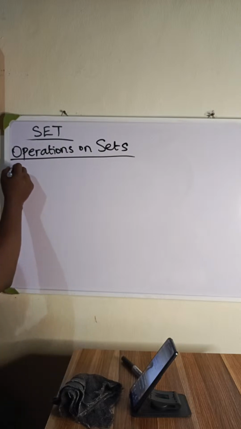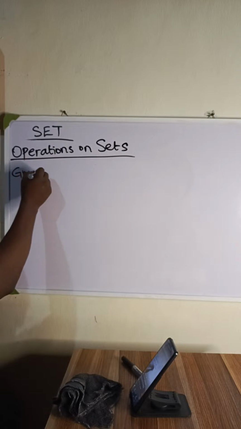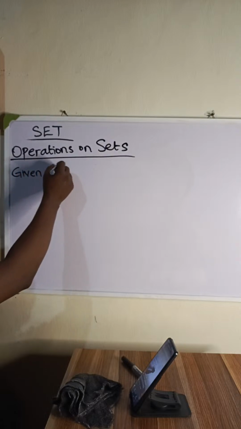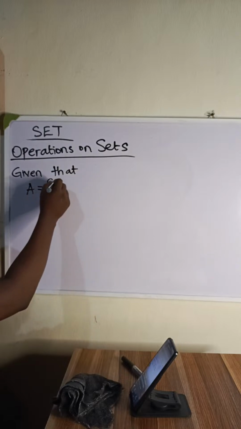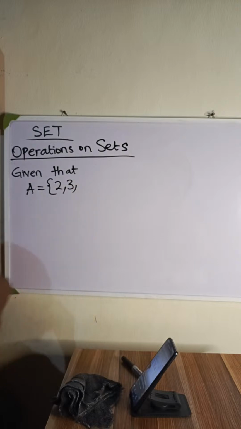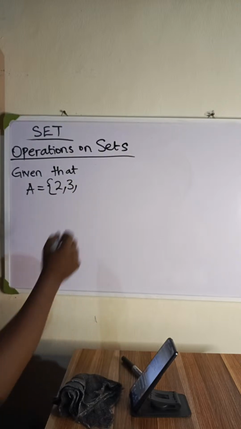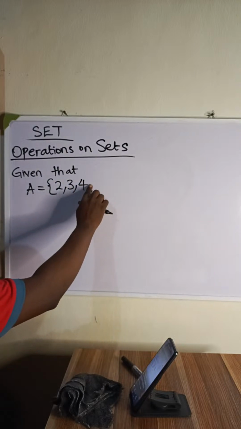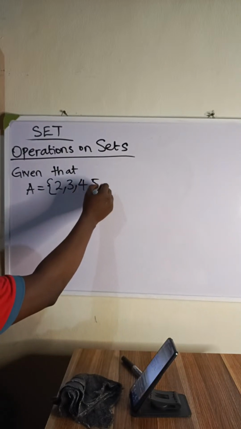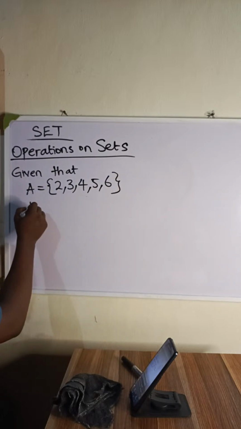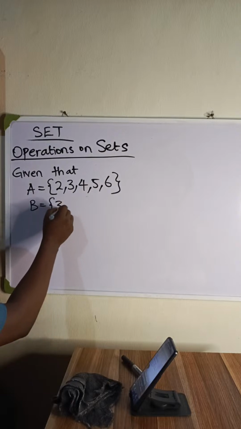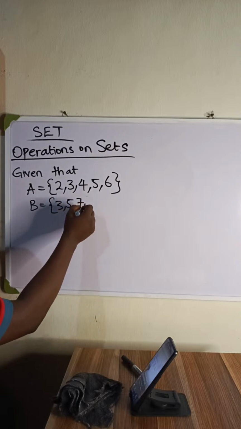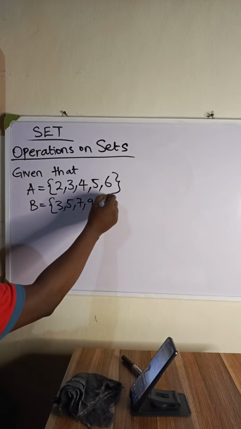So given that A is equal to 2, 3, 4, 5, and 6, and B is equal to 3, 5, 7, 9, 11.